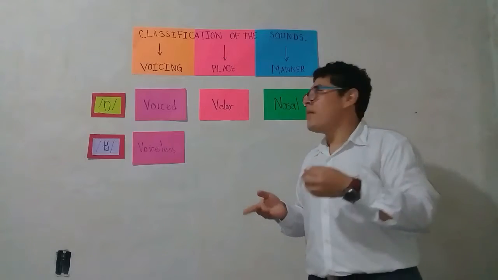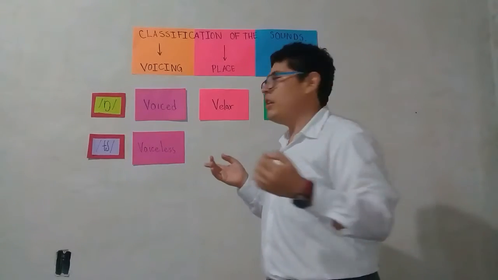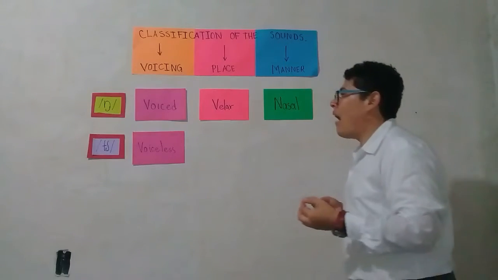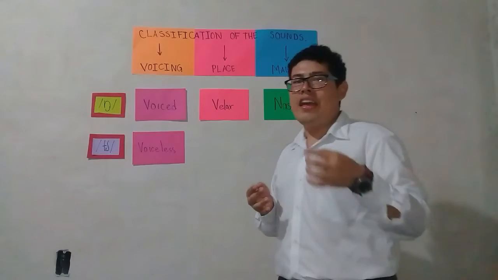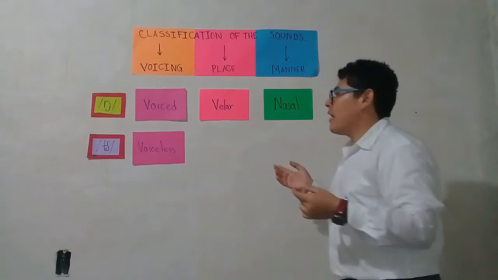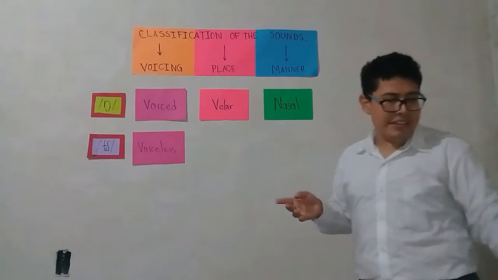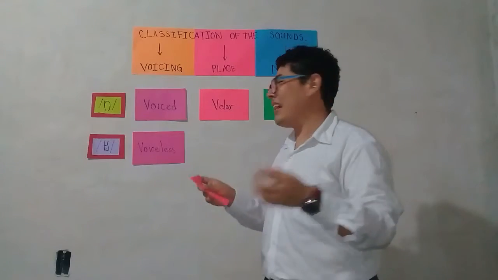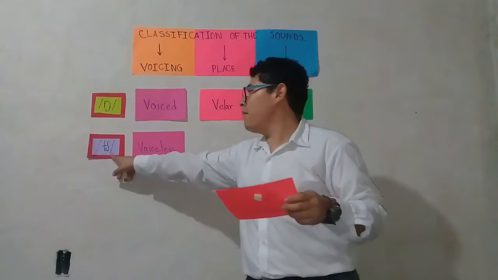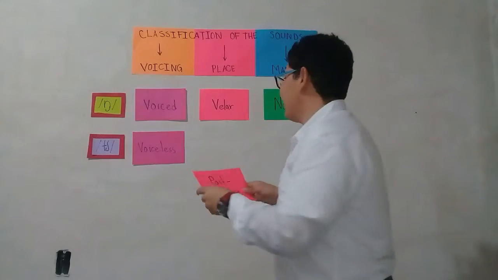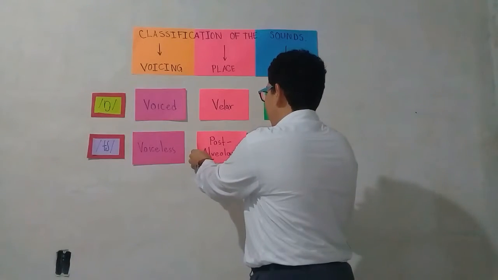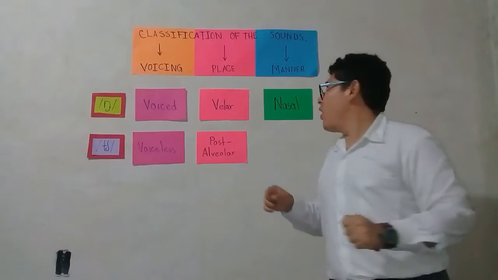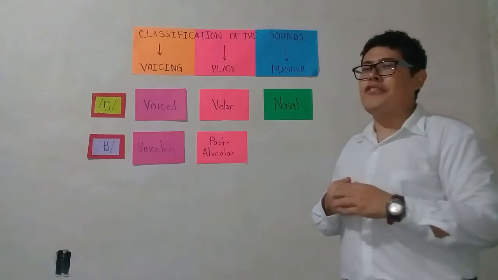It is produced between the tongue as an active articulator and the hard palate as a passive articulator. And then we have a post-alveolar sound, because it's the kind of mixing. If you remember how this sound is compound.